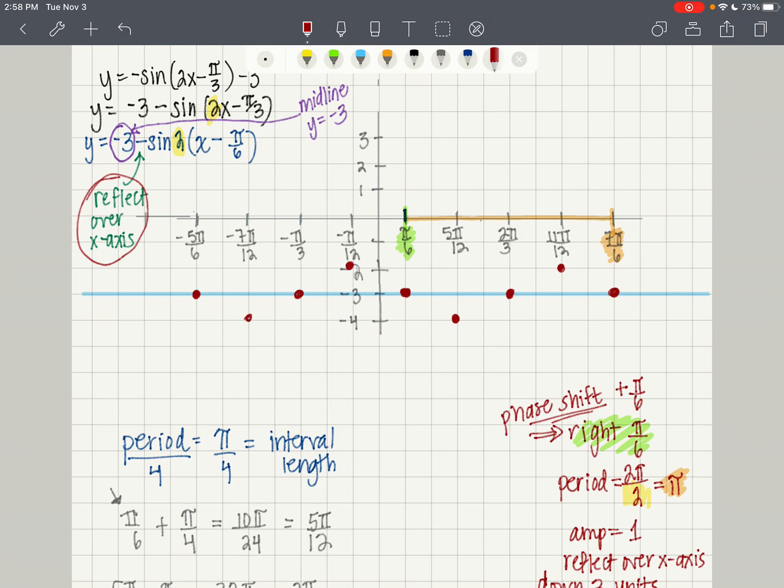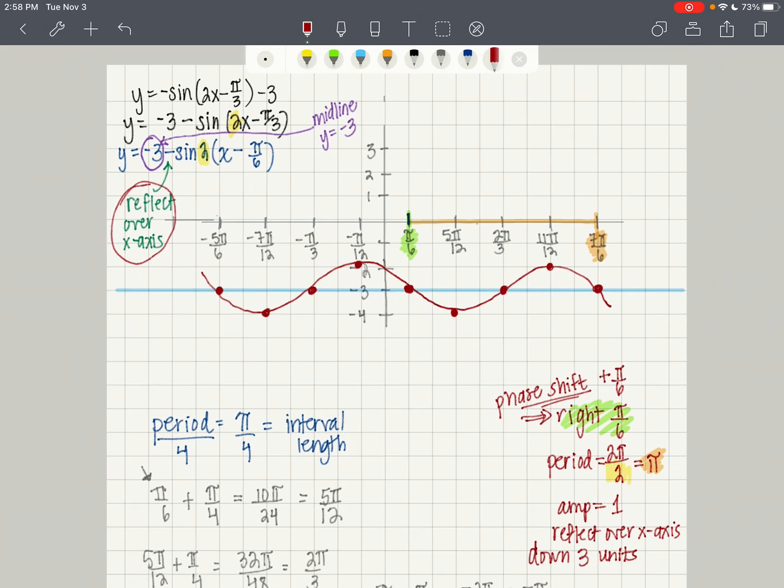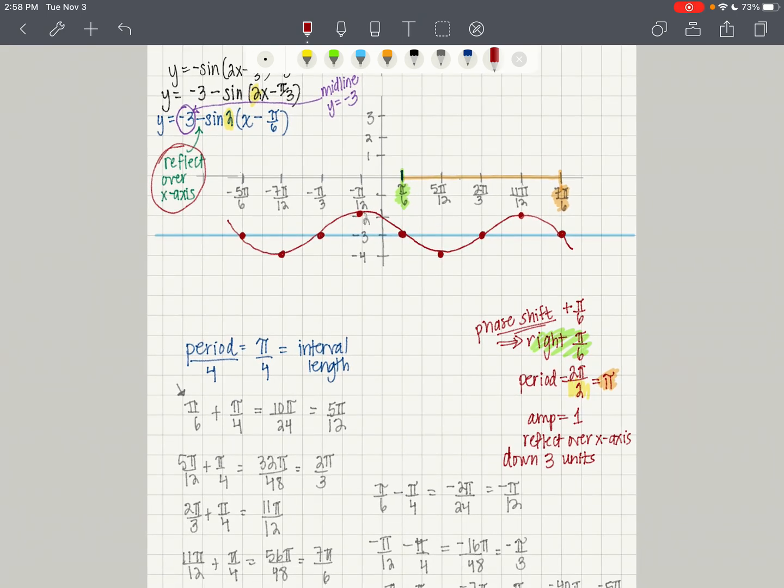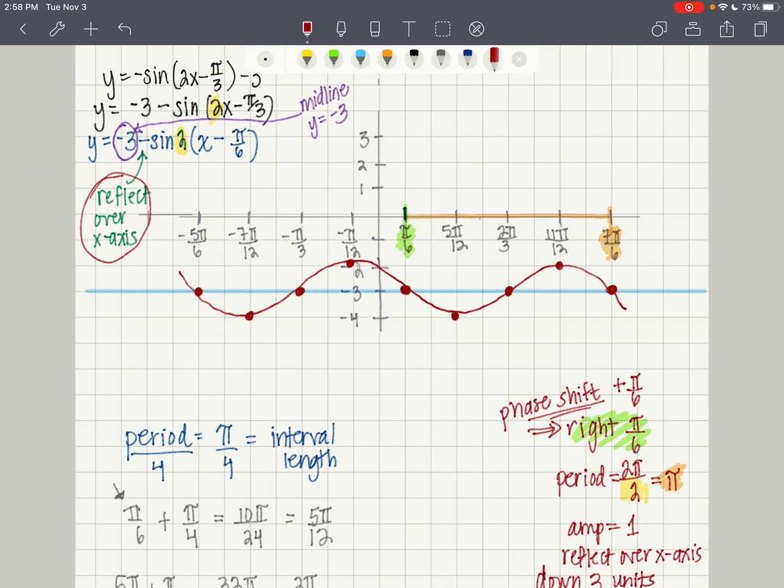And then halfway between the next 2 dots, we will be at a min. Let me try drawing this a little bit better. There we go. Fantastic. And that is our graph of y equals negative sine of 2x minus pi over 3, all minus 3. I like to write it like this, but you may see it either way.